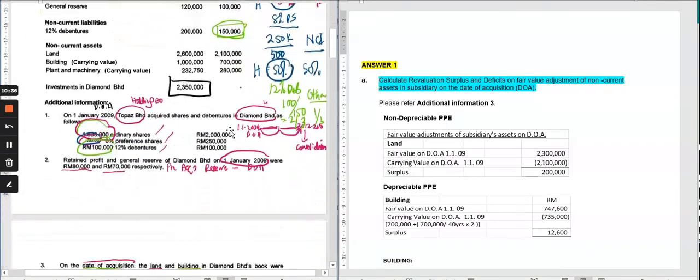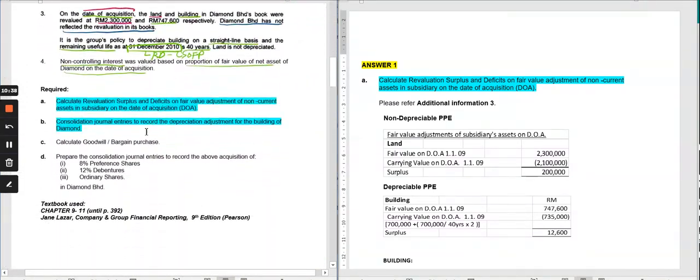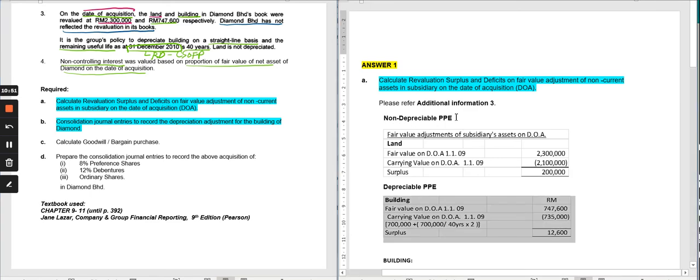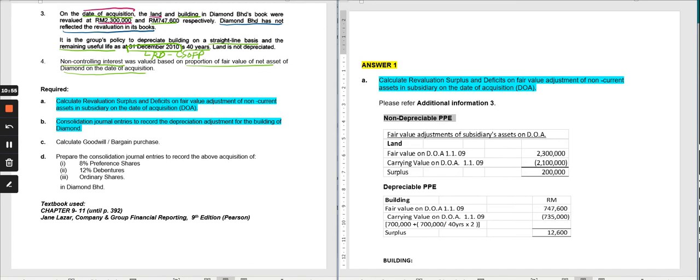So you are asked to calculate the revaluation surplus. So on your right side, you can see here, I have already worked out for you the calculation of revaluation surplus and deficit. So let's start with the first one, which is the non-depreciable PPE, which is the green one here.